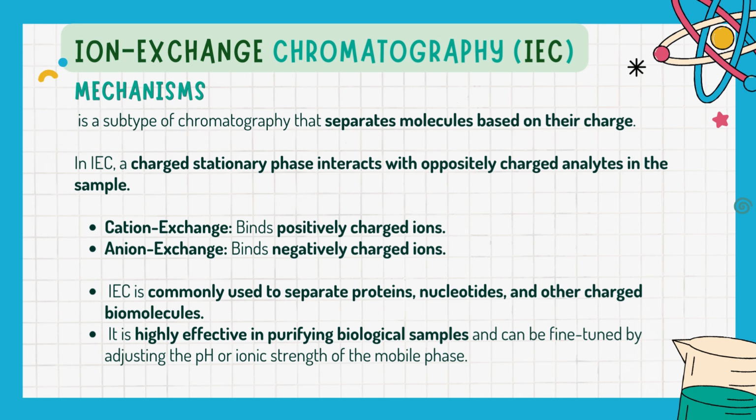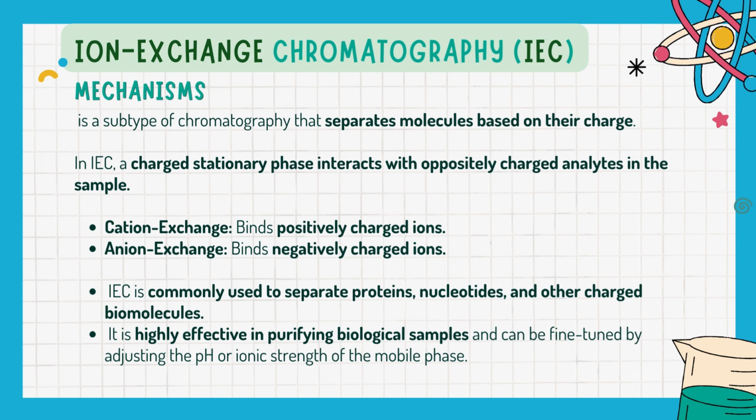Next, guys, we also have ion exchange chromatography, or IEC. This is a subtype of chromatography that involves the separation of molecules based on their charge. In IEC, a charged stationary phase interacts with oppositely charged analytes in the sample.